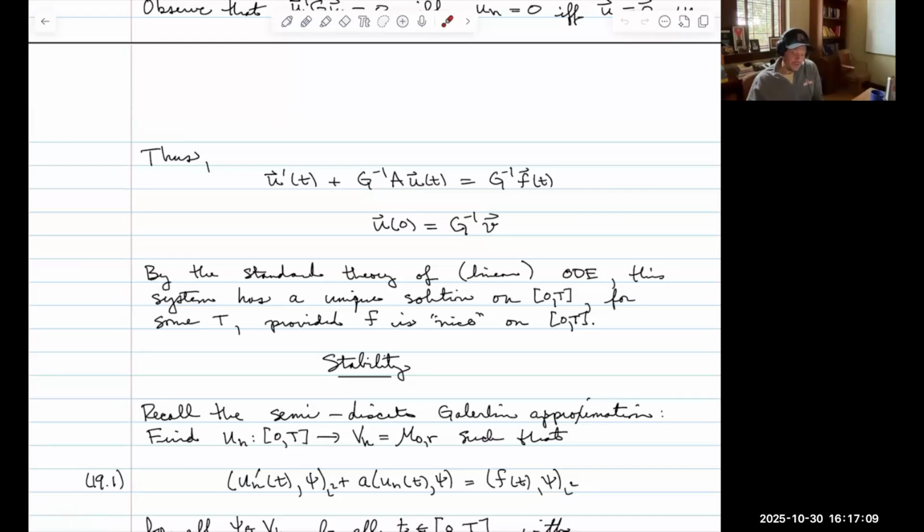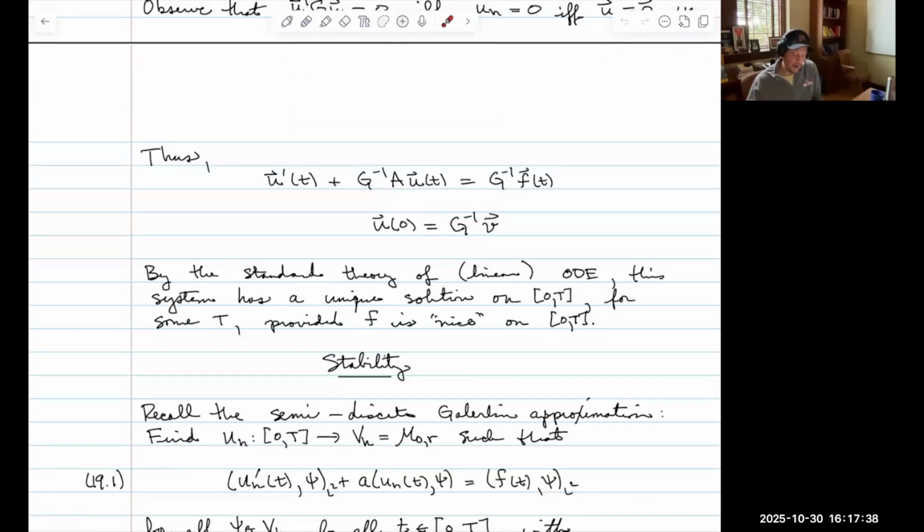Now, whether you look at this system or the previous one, we can apply the standard theory of linear ordinary differential equations. And it's very clear that this system of linear ordinary differential equations has a unique solution on the time interval 0 to T, as long as f is a sufficiently nice forcing function on that interval.